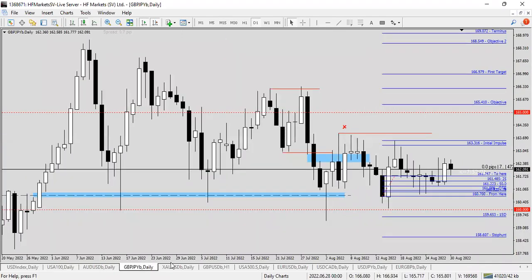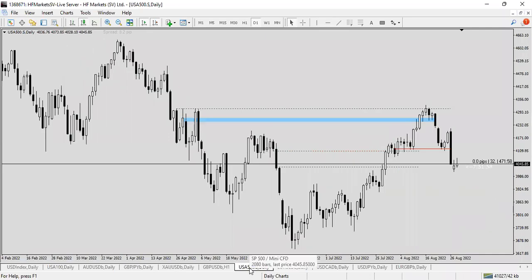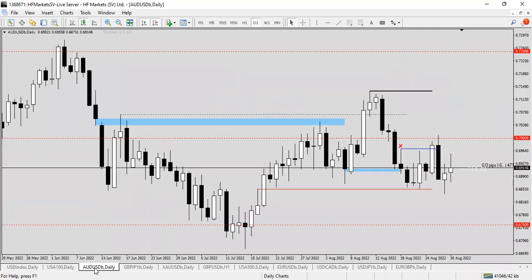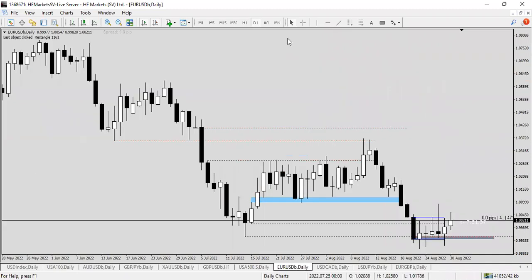If you can make a case for other peers needing to go lower and you're unsure about DXY, it usually suggests that DXY was going to push higher. So even though this was what we framed, as we got closer to this day, it became obvious that DXY was going to push higher because this hadn't gotten to where it needed to be. GU and EU are still playing around. So that's something you could factor in.